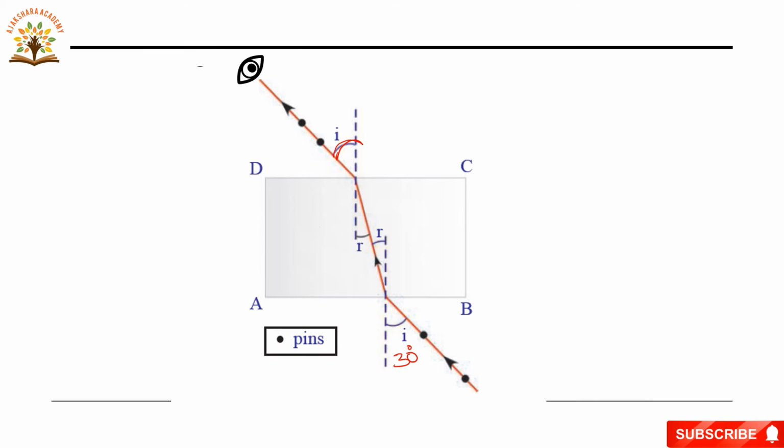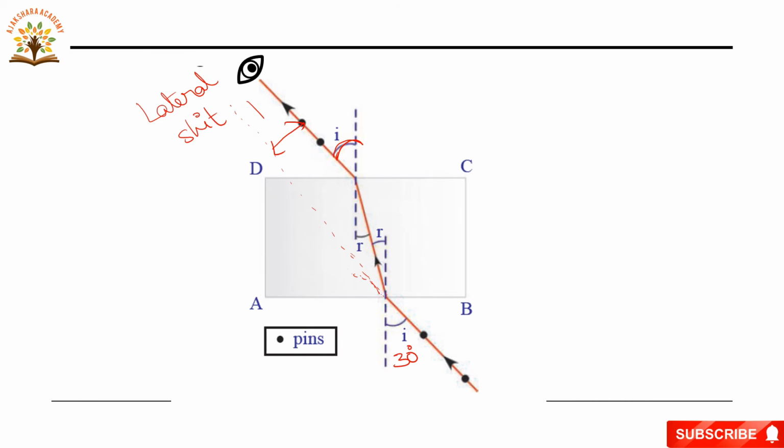Actually this is the ray without any deviation. This is the path of this ray. Whenever we extend this ray, these two rays are parallel rays. The distance between these two rays is known as the lateral shift. So the angle of incidence is equal to the angle of emergence.